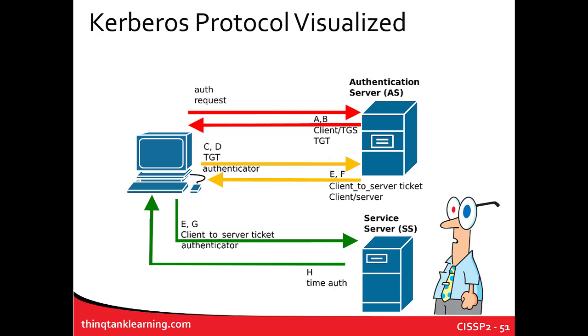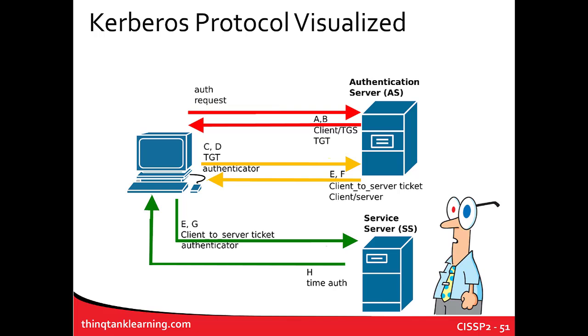F, the ticket granting server issues the service ticket. So we validate the ticket granting ticket, we validate the authenticator, it returns the service ticket and the session key to the client, which is encrypted for the target service, not the client, but the target service.